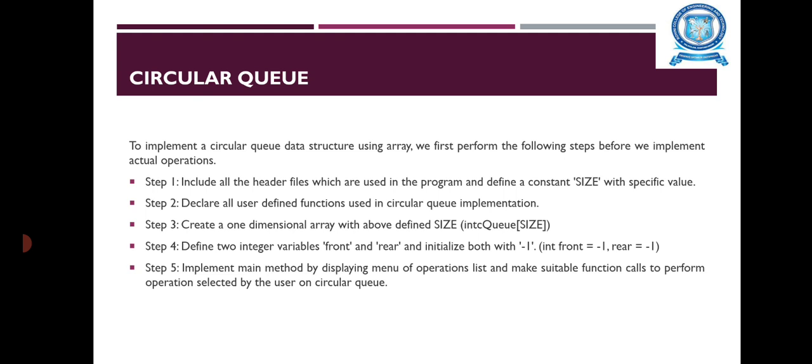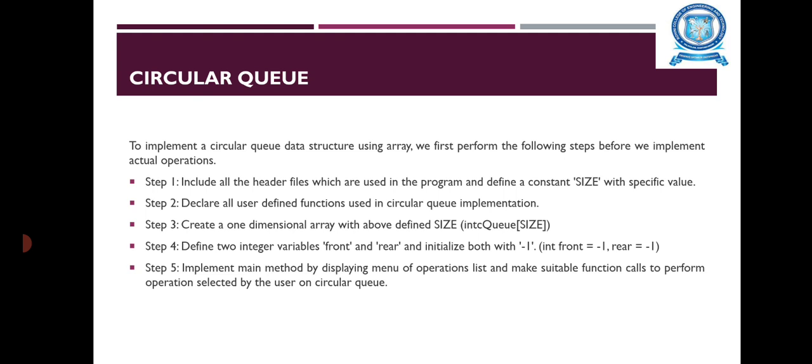To implement a circular queue data structure using an array, we first perform the following steps before we implement the actual operations. The first step is to include all the header files which are used in the program and define a constant size with a specific value. Then declare all the user defined functions used in the circular queue implementation.